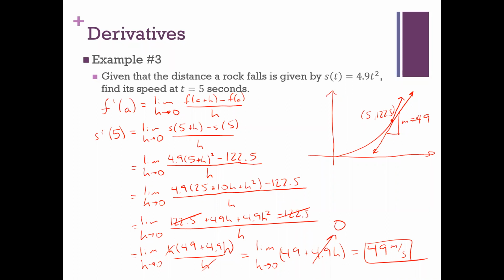Yeah, it's the limit of this difference quotient, and the difference quotient is the derivative. The derivative of this function is 49 meters per second, but only at that point. If I wanted the speed at t equals 3 seconds, we're going to do this.